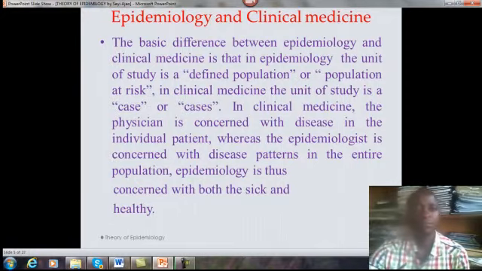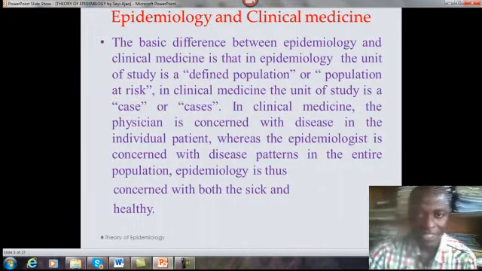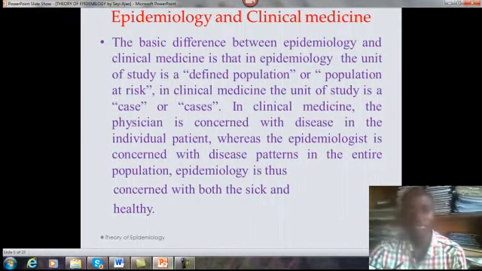Epidemiology and clinical medicine: there are basic differences between epidemiology and clinical medicine. In epidemiology, the unit of study is a defined population or population at risk. In clinical medicine, the unit of study is a case or cases.